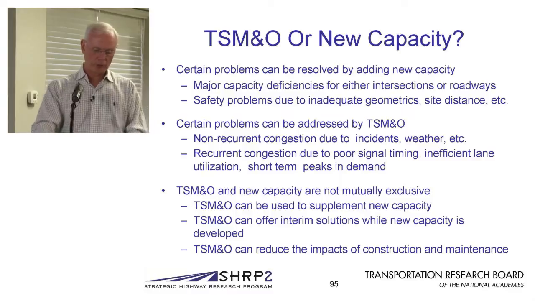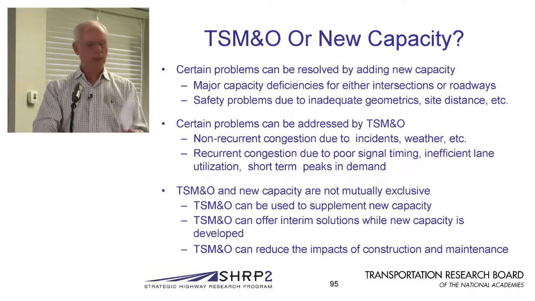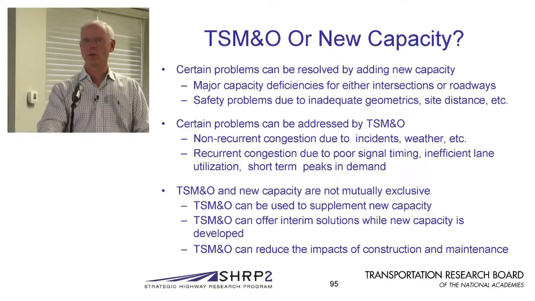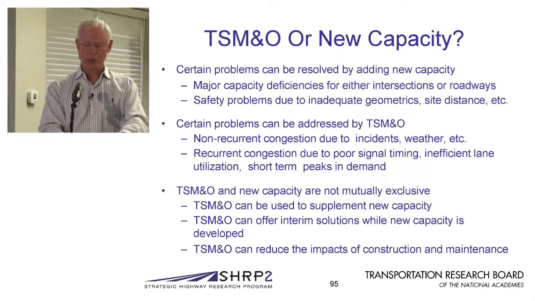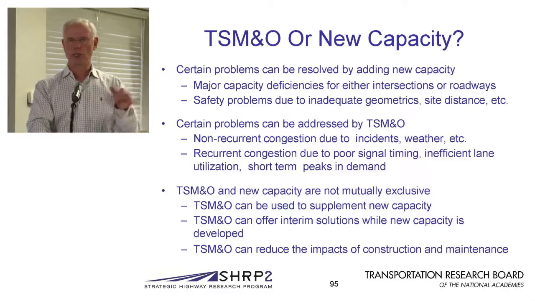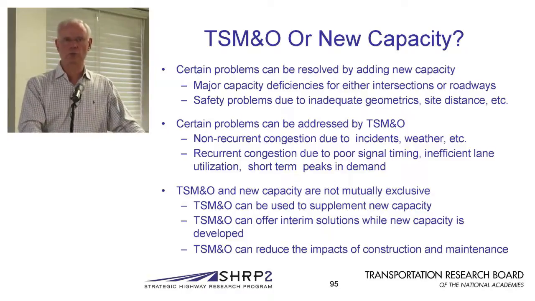So if we look at whether we should do TSM&O or new capacity, it's probably not even a fair question to pose in that way, because the answer is you need to do both. I have always said that TSM&O should not be looked at as an alternative to new capacity or new construction.